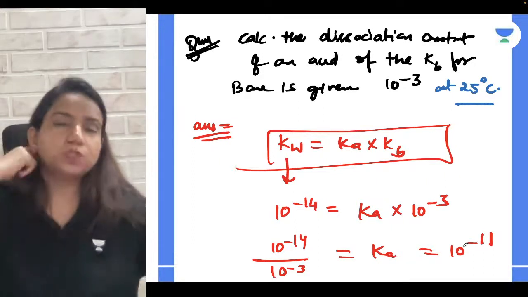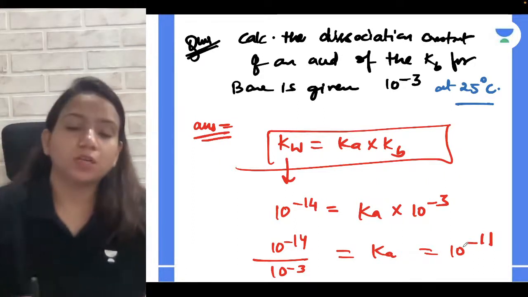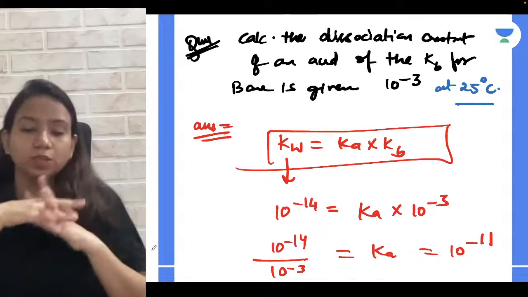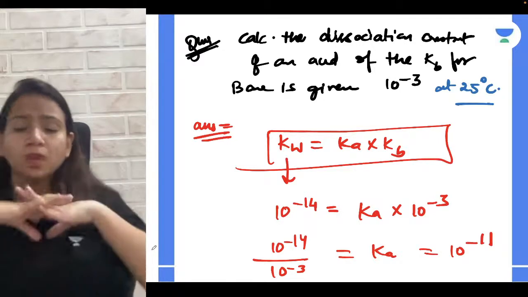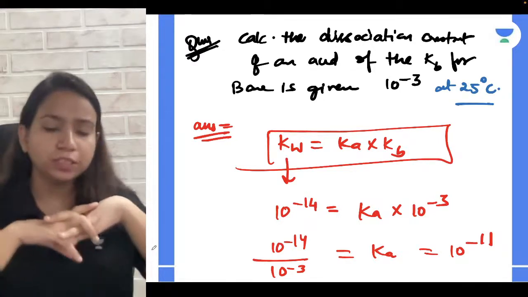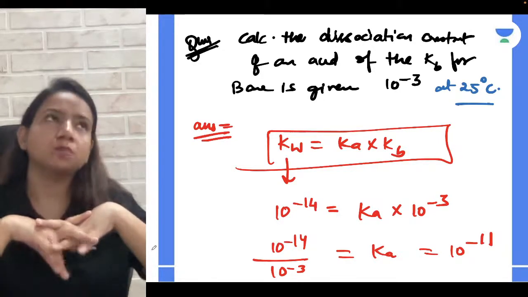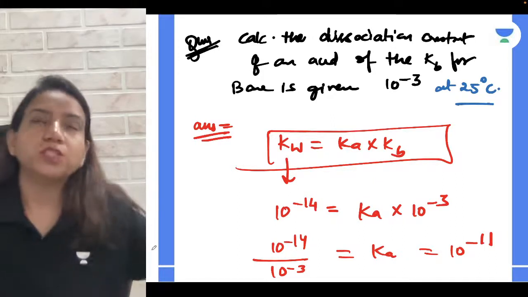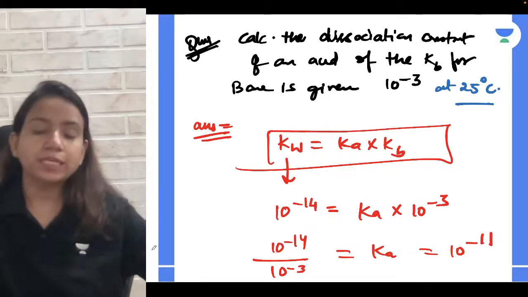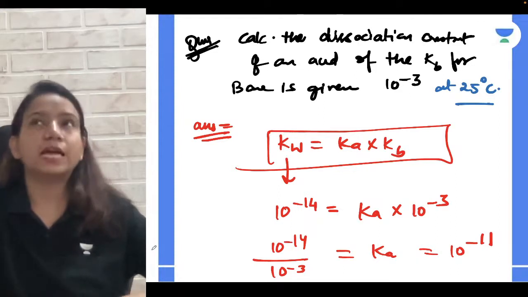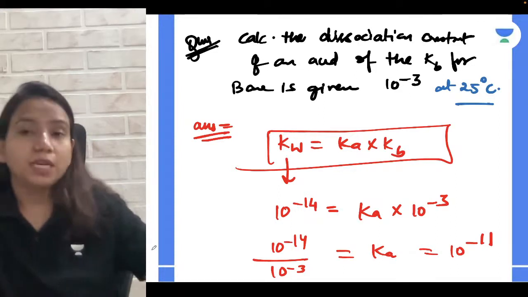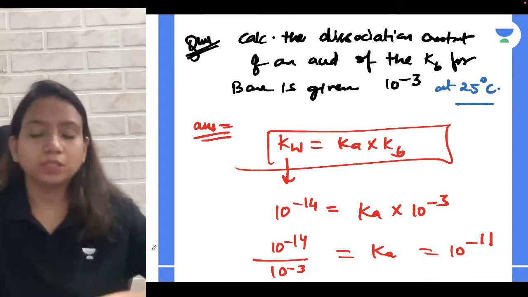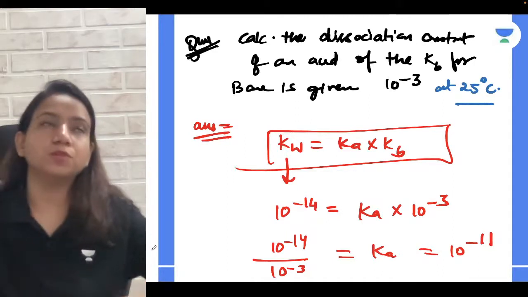Very good. So this was a small topic, which is the ionic product of water. We know that water undergoes self-ionization and gives very few ions, H plus and OH minus. Water has a beautiful property: it can behave as an acid as well as a base, depending upon what substance is interacting with it.